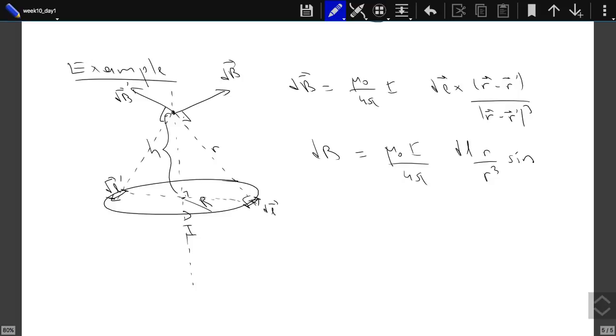Let me call that capital D. What is the angle between the r minus r prime vector and dl? 90 degrees, sine of 90 degrees is 1.